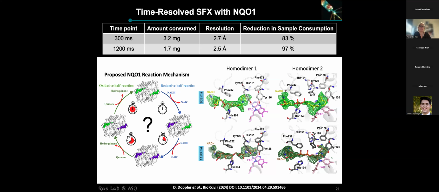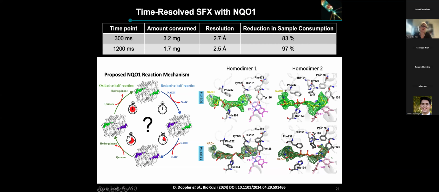A few words about NQ1. I saw that Jose is on the call as well. If you have more questions about the structural impact of this work, then I think he would be a very good person to ask. But basically, we're looking at the reduction of this lipo enzyme here on the right-hand side with NADH.